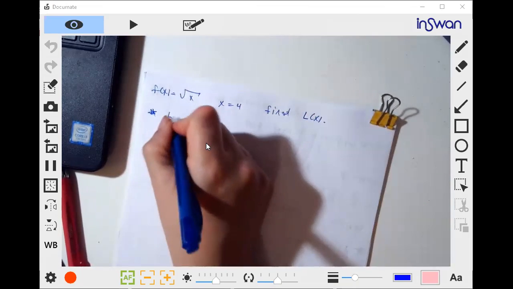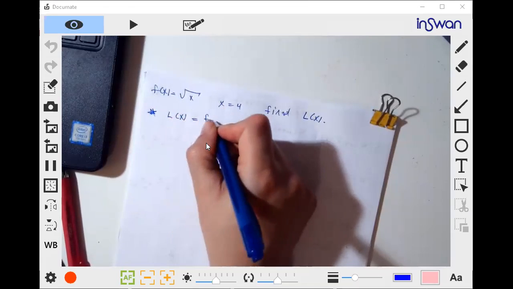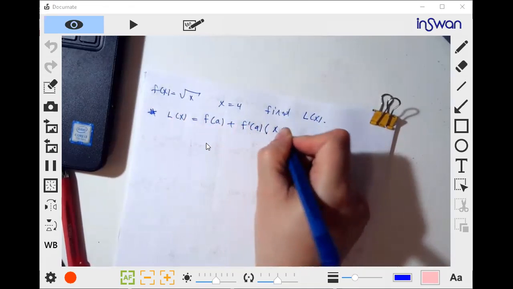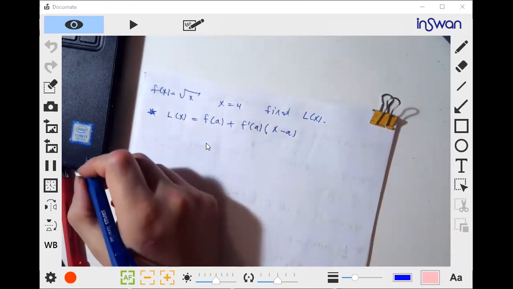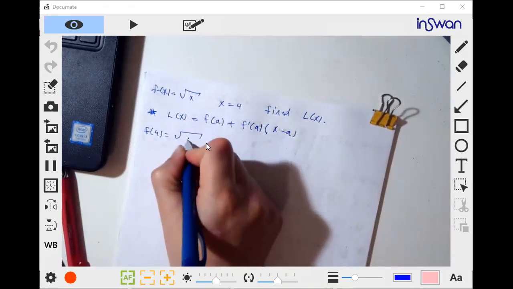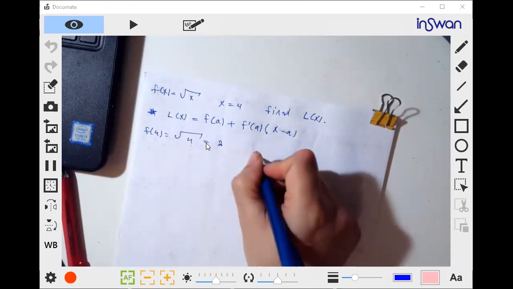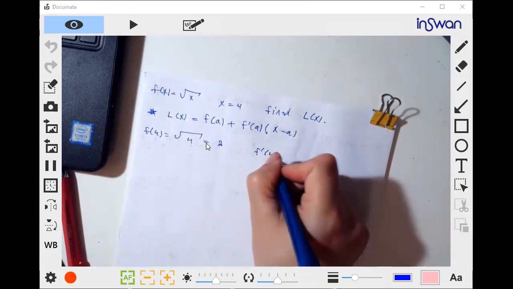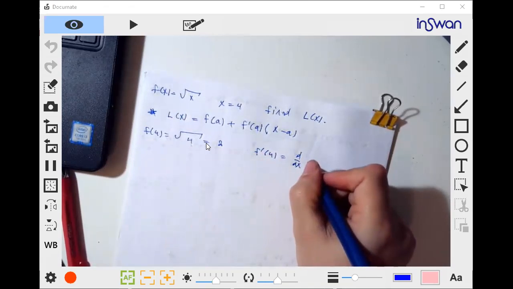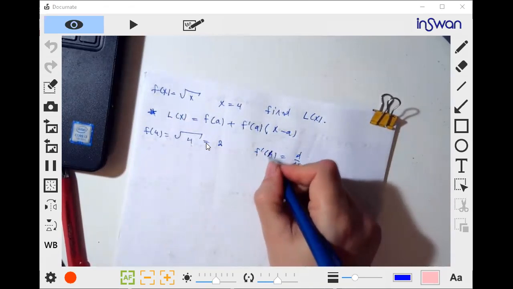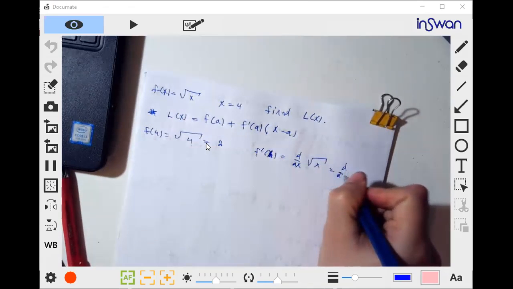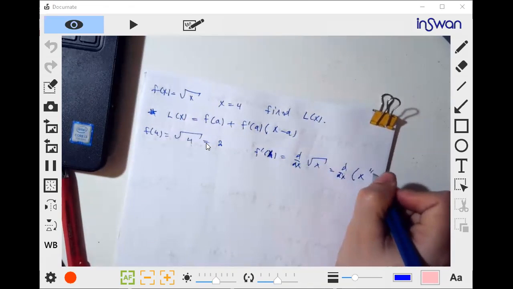Okay, so recall the linearization L of x is equal to f of a plus f prime of a times the quantity x minus a. All right, a is 4, so f of 4 is square root of 4, which is 2. f prime of 4: let's just say f prime of x for now, d dx of square root of x, which is d dx of x to the 1/2 power.